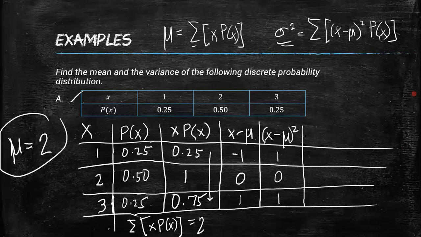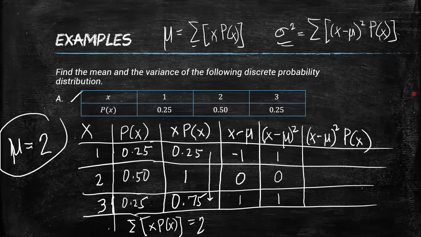Okay? Ngayon, i-times na natin yung ating p of x. So we have x minus mu squared times p of x. So saan manggagaling yung x minus mu squared? Yung sa katabi niya lang. Okay? Times saan manggagaling yung p of x? Doon sa second column. Ito yung 0.25, 0.50 at saka 0.25.